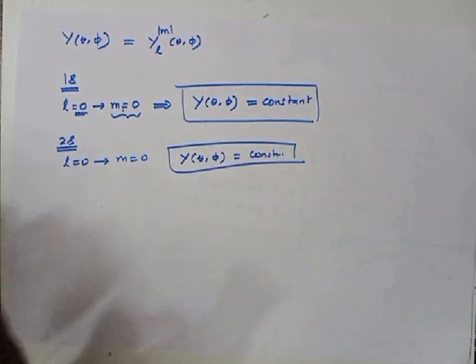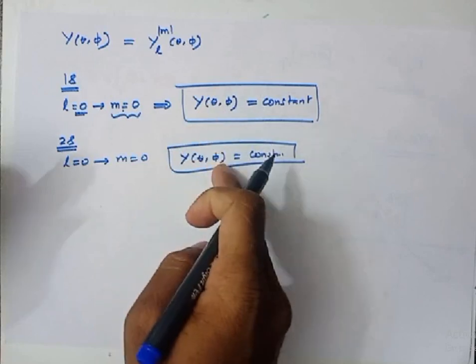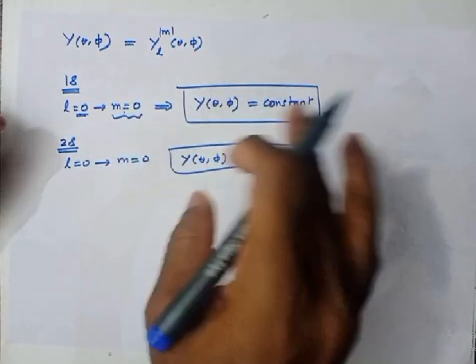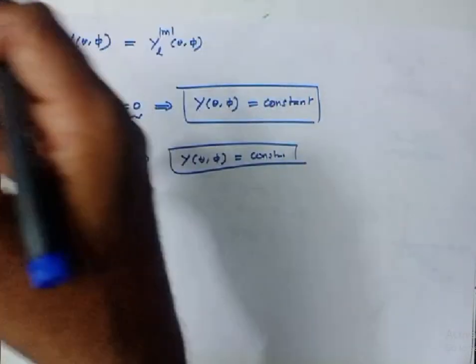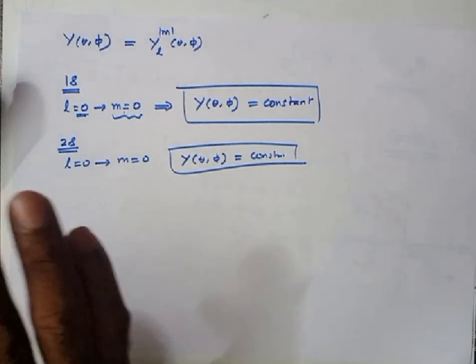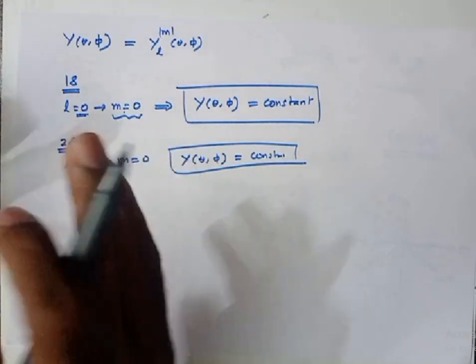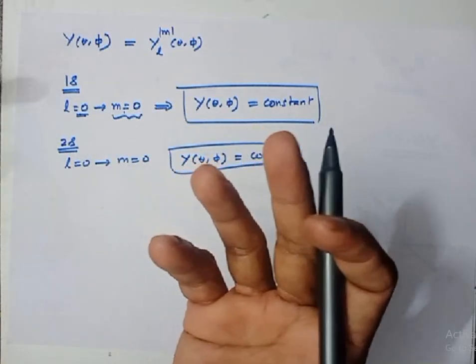So keep this point in mind. For any s orbital, the angular part of the wave function is constant. So the angular part becomes significant only for 2p, d, f orbitals, like that. So now we focus only on 2p, 3p, 3d, 4d, like that.